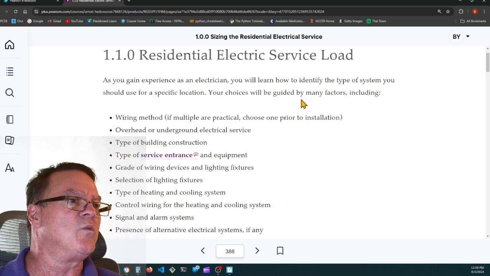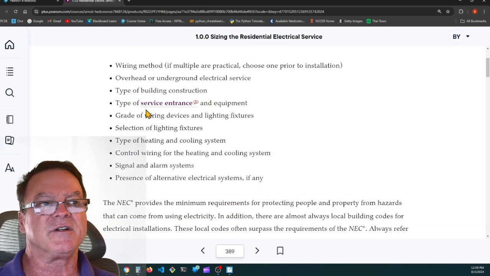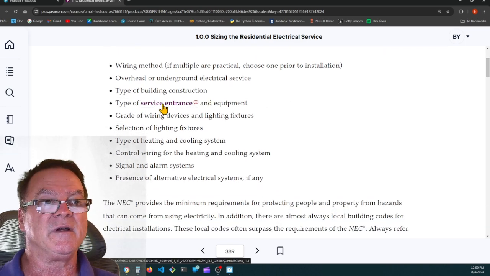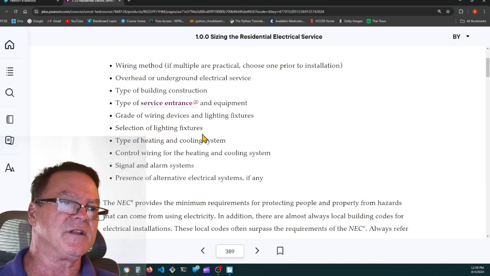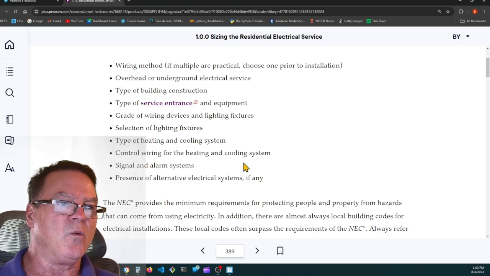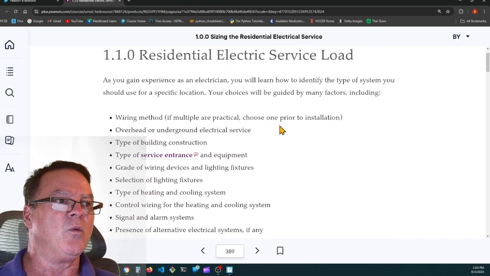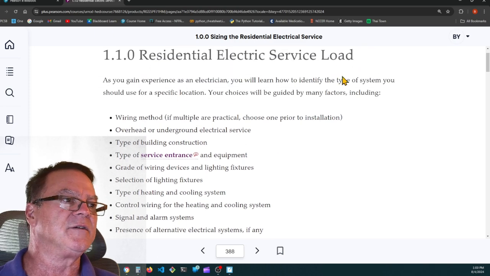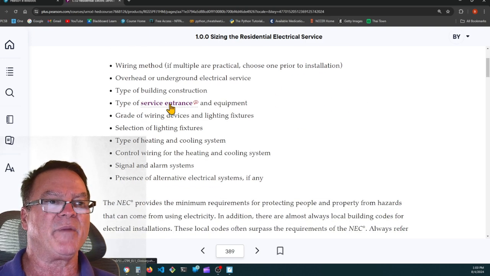Your choices will be guided by many factors, including the wiring method, the overhead or underground electrical service, type of building construction, the service entrance and equipment, the grade of wiring devices and lighting fixtures, selection of lighting fixtures, type of heating and cooling system, control wiring. All of these things will go into determining the specific location of these branch circuits, or where the panel will be.